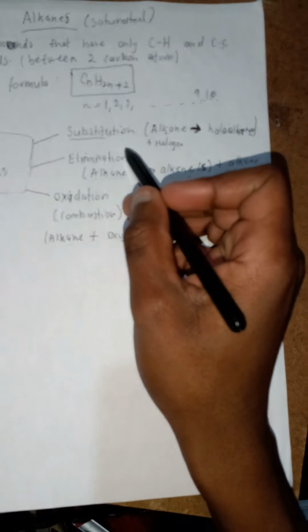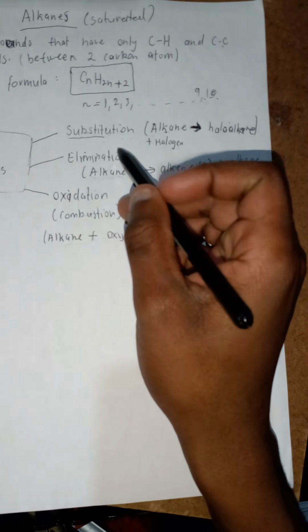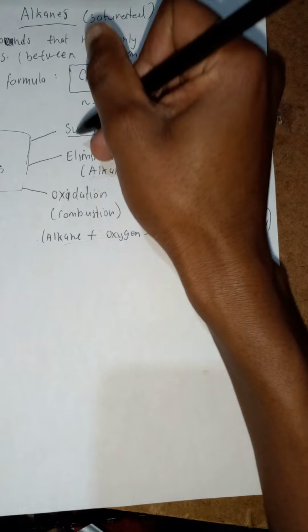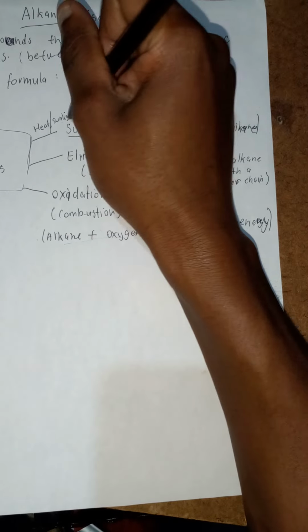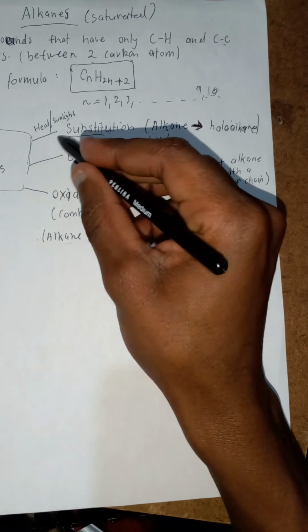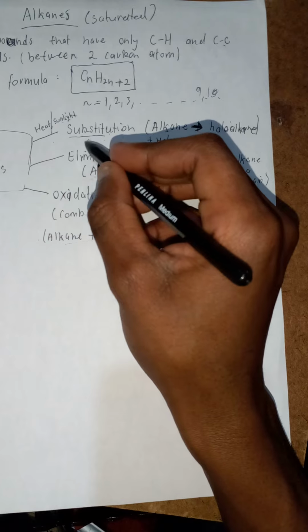The first condition for substitution is that you must have what? You must have heat. So the condition for substitution is heat and sunlight, or you can say heat or sunlight. So these are the conditions for substitution.